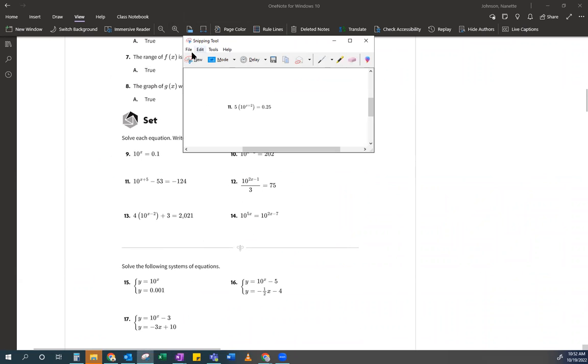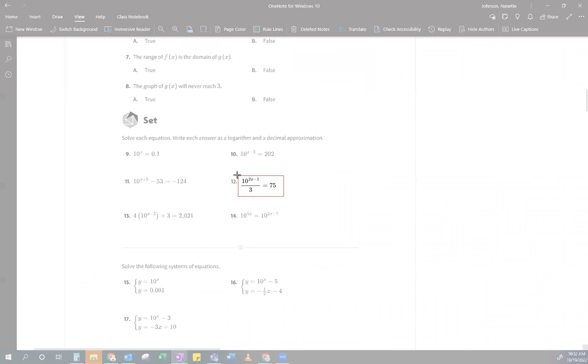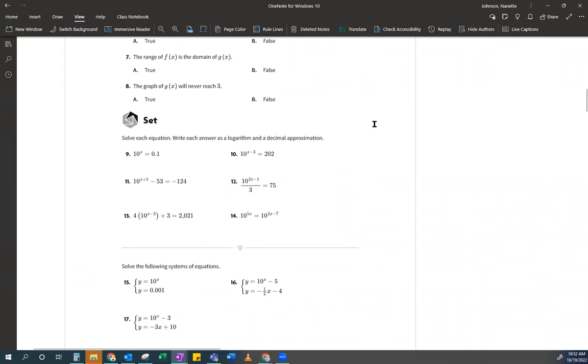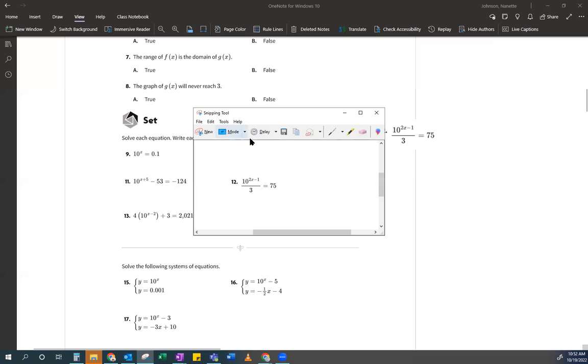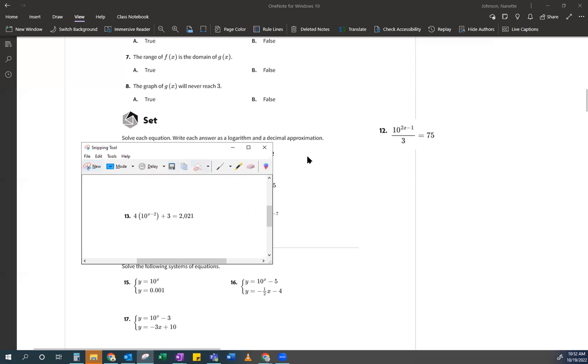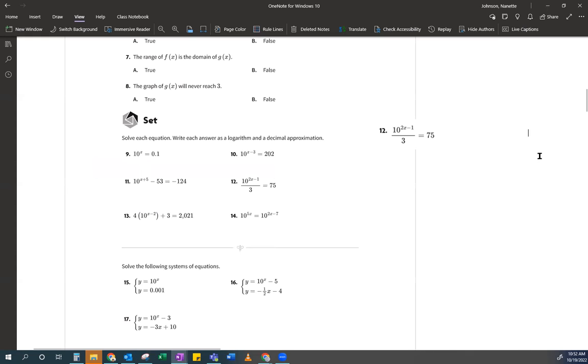So again, I'm going to copy it so I can have a little bit more space here. And then let me just copy again for number 13. Okay. So I will put this one probably over here to the right. If not, then I will just move it over, or move it down, whatever. So I'm just going to leave it right there.